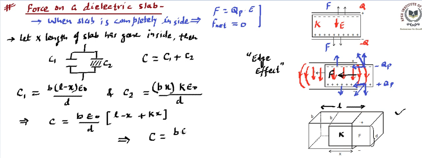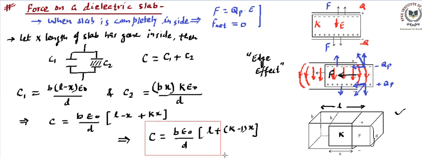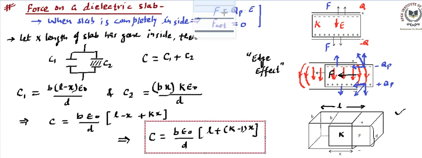It's going to be B epsilon naught divided by D. Within a bracket, we can put the X together, so it's going to be L plus K minus 1 into X. So you can remember this as a result which will be useful in future.